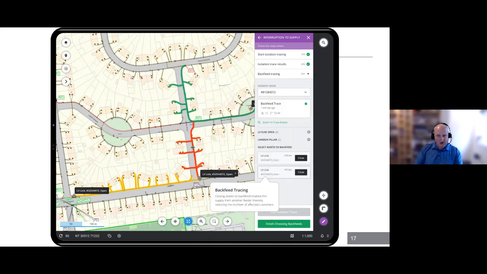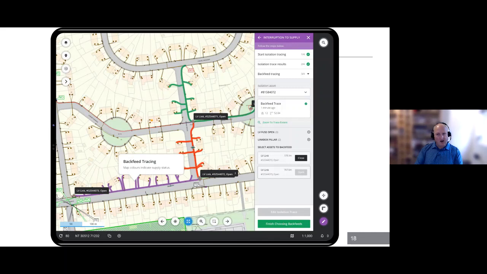Next slide. So now we can have a look at closing links on the other side of the network to re-energize those customers. And for the link at the bottom there, if we now close that link, next slide, we can show that these customers are now possibly backfed from the other side of that link.